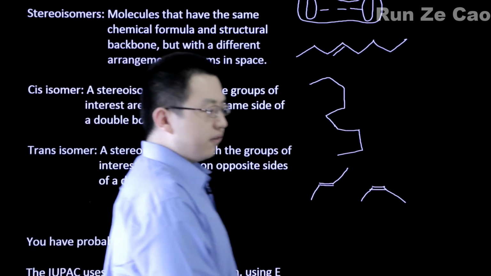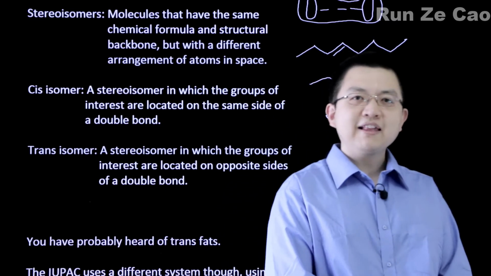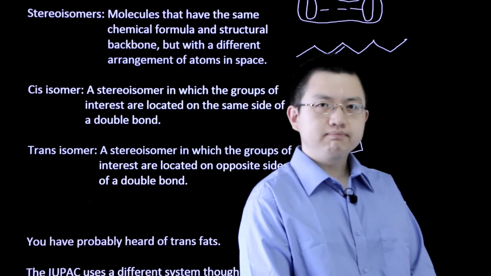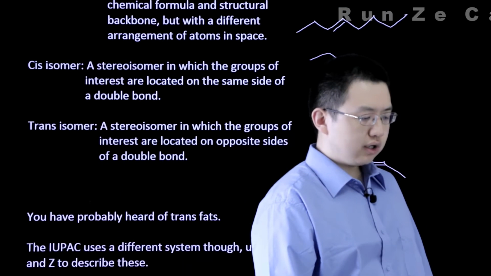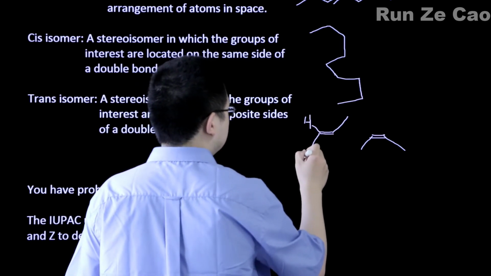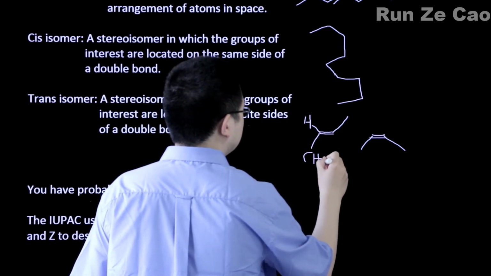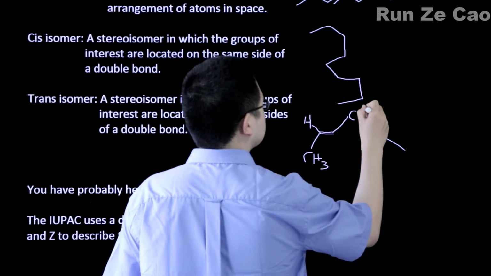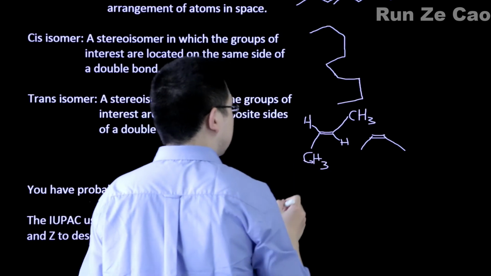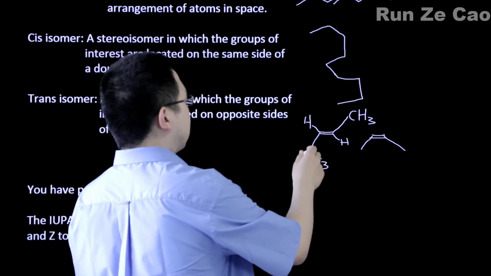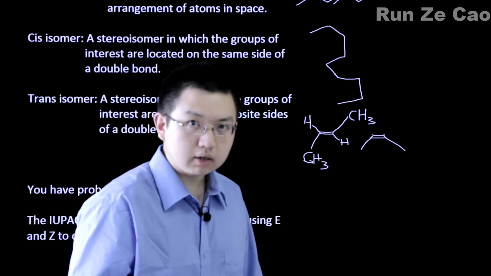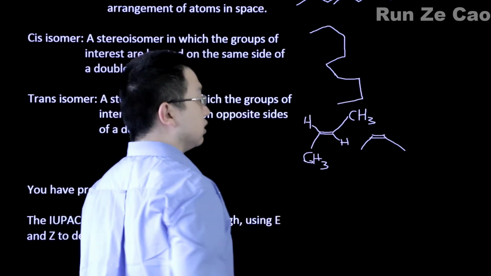Now, groups of interest, that basically means the highest priority group. How do we determine priority? So we look at, okay, these are hydrogens and these are CH3, CH3, and hydrogen. So, we know that C has a bigger atomic number than hydrogen.